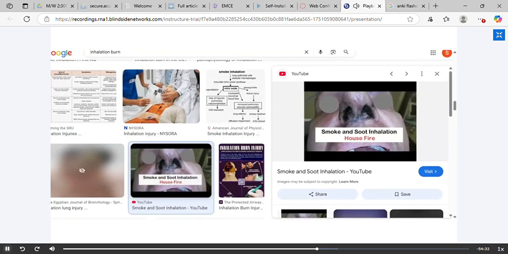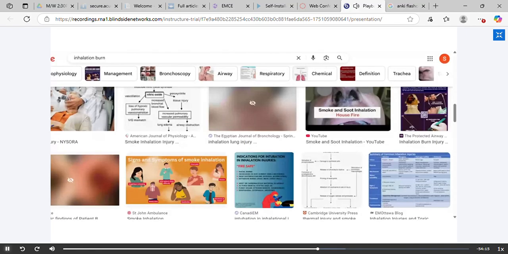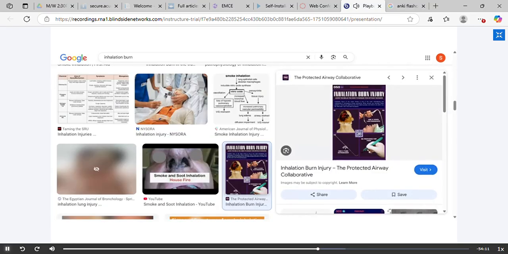So, this guy, he's got soot in here, and some of these nose hairs are singed. He's got soot right here. It's kind of hard to see his mouth, but he's got soot, so it's black. If this person had a mustache or a beard, and some of that looked like it was singed off, or like I said, their eyebrows looked like they were singed.